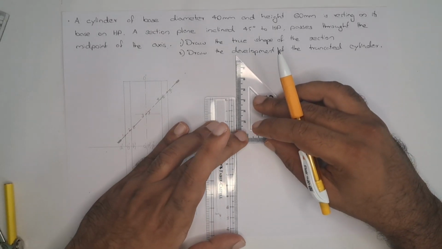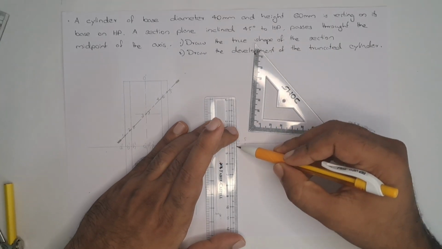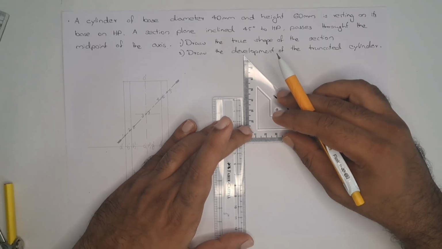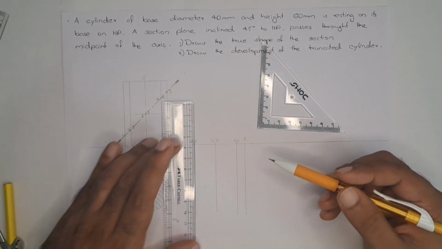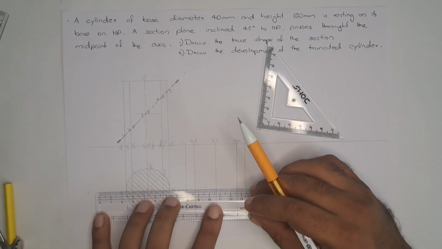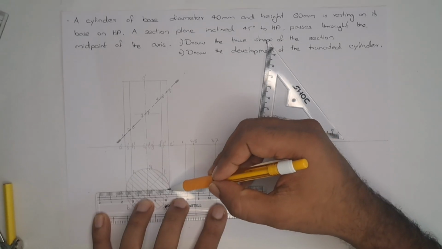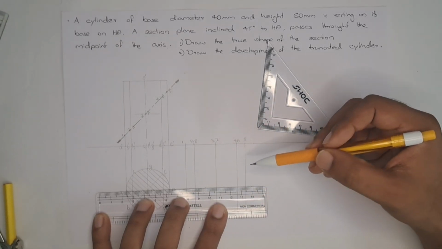Check the perpendicular, and first, with the help of this line, we can mark the points 1 and 5.